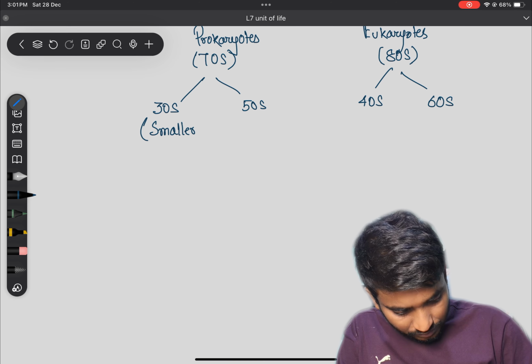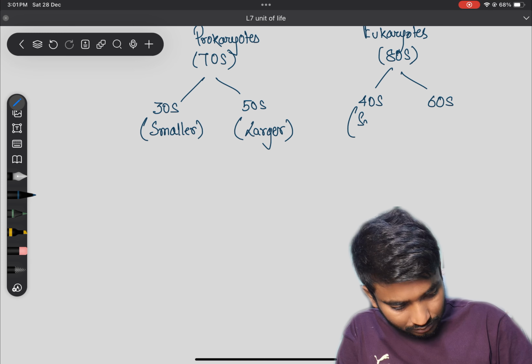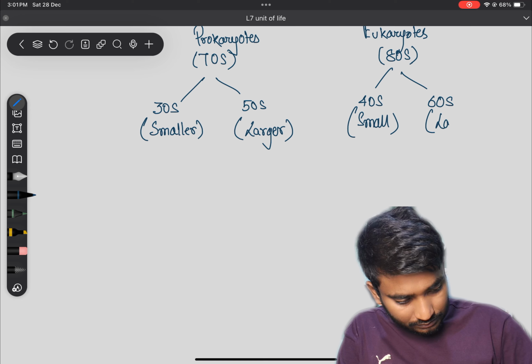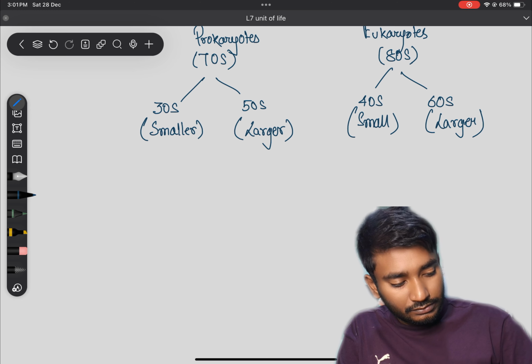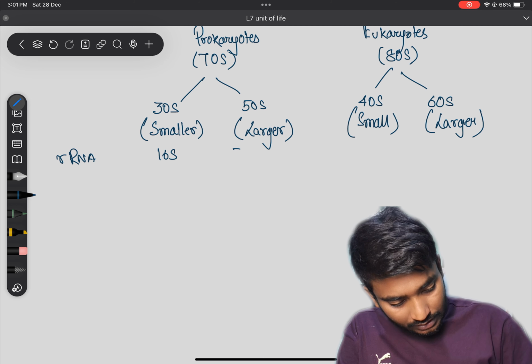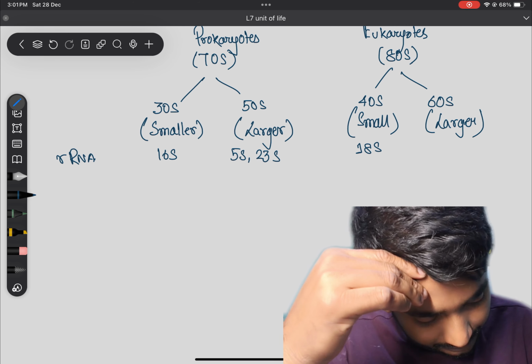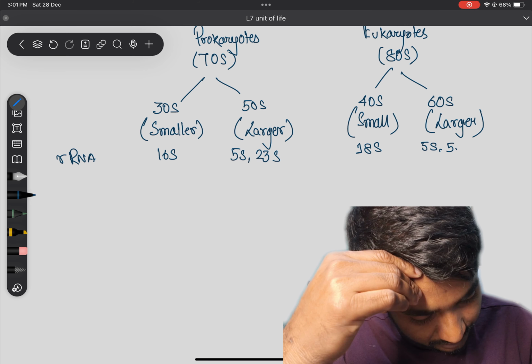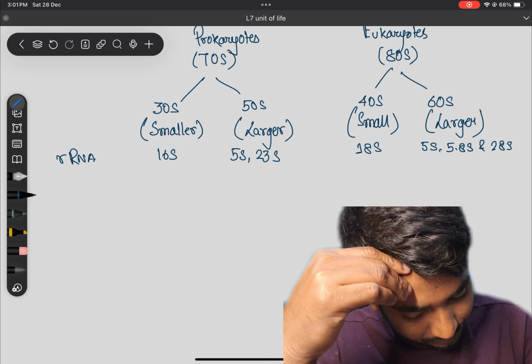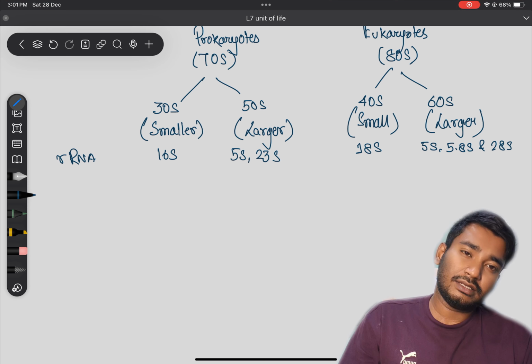The first is smaller, the second is larger. The rRNA in prokaryotes is 16S, 5S, 23S; in eukaryotes it is 18S, 5S, 5.8S, and 28S. Remember these things; they are asked in NEET and are very important.